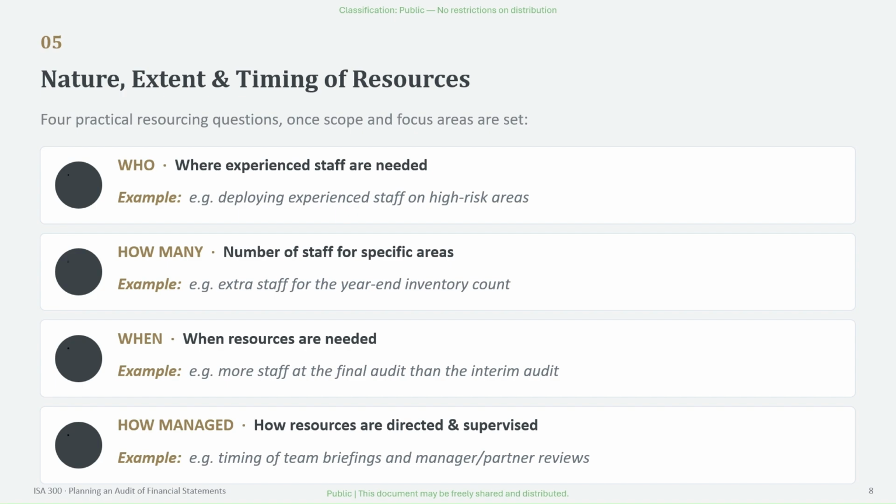For example, the audit might need more staff at the final audit than the interim audit. And then how are those resources directed and supervised? For example, this covers the timing of team briefing meetings, and the manager and partner reviews of the work performed by the team. So answering these four questions is really what turns a strategy into a workable staffing plan.